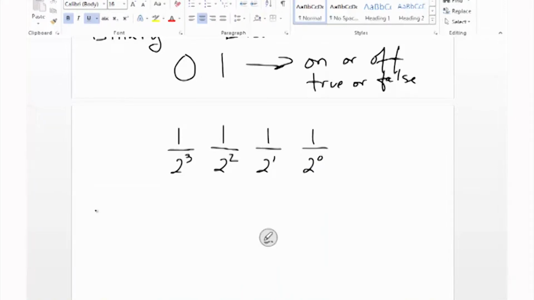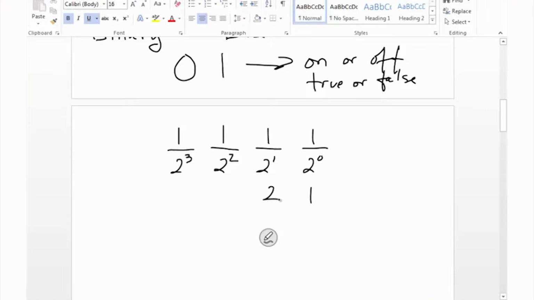So in this case, my 2 to the 0 is 1, because any number raised to the 0 power is going to be 1. 2 raised to the 1 is going to be 2. 2 squared is 4. 2 to the 3rd is 8.